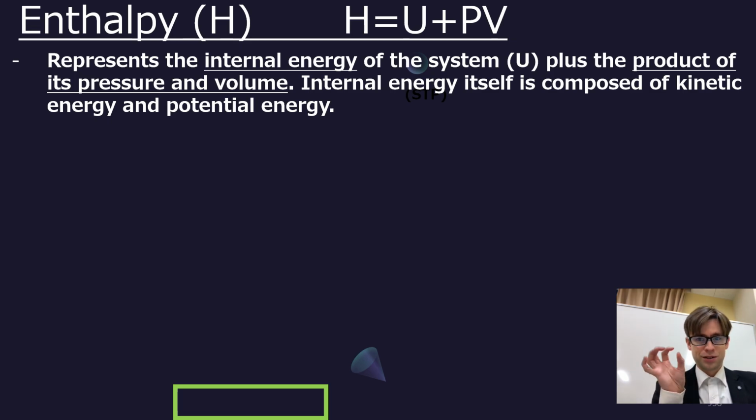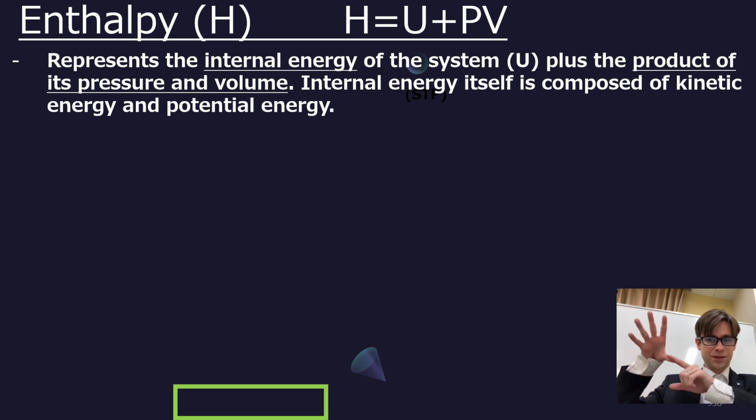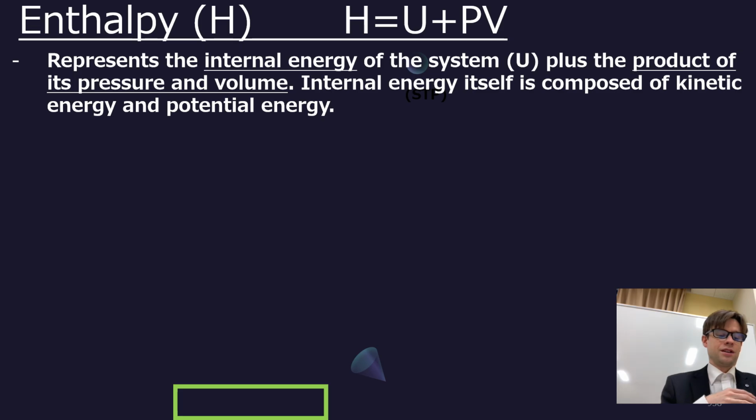This kinetic energy is a special type of kinetic energy. It's inside the material and it involves random motion of the particles in the 3 dimensions of our world. It's not set to any particular direction, such as when I drop this, everything is moving downwards. We're not talking about that type of kinetic energy when we talk about enthalpy. We're talking about random movement of the particles inside the material.